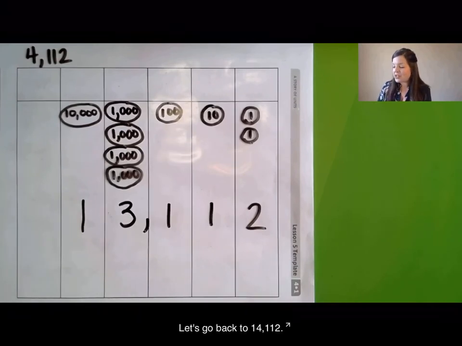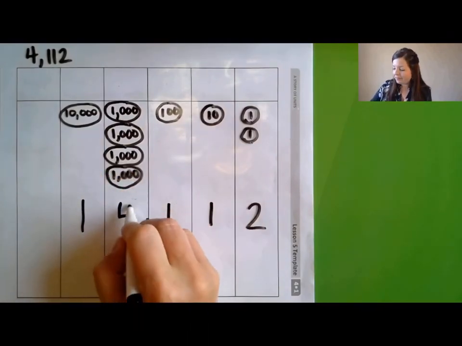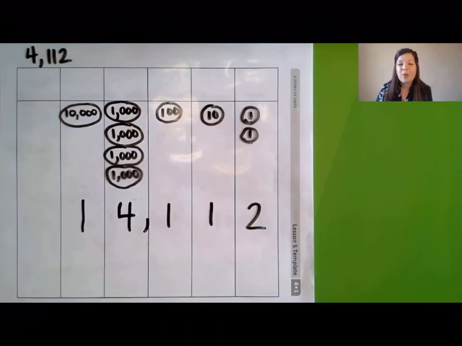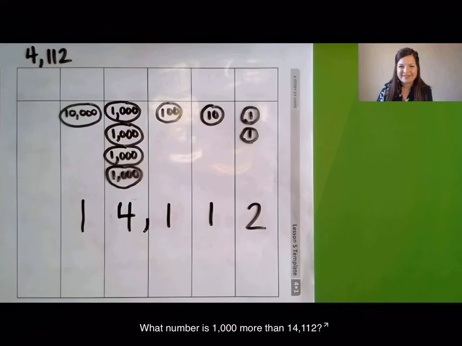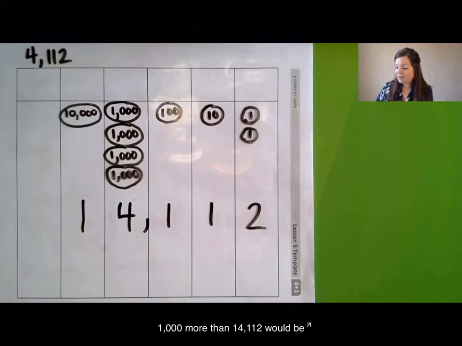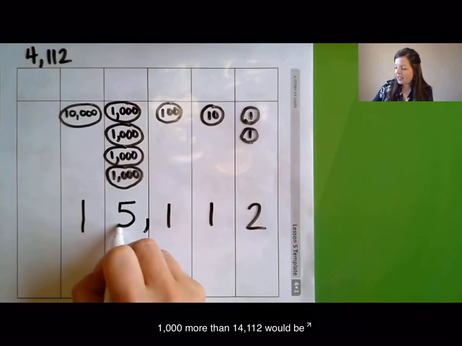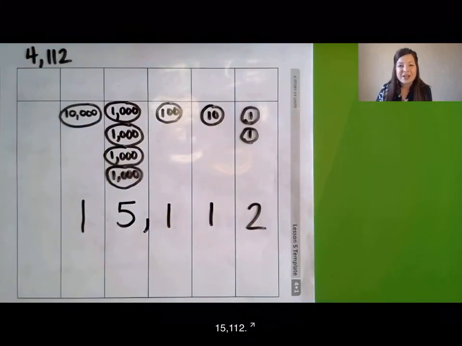Let's go back to 14,112. What number is 1,000 more than 14,112? 1,000 more than 14,112 would be 15,112.